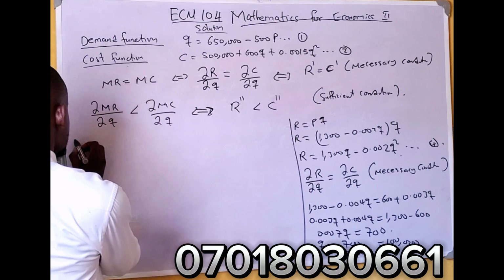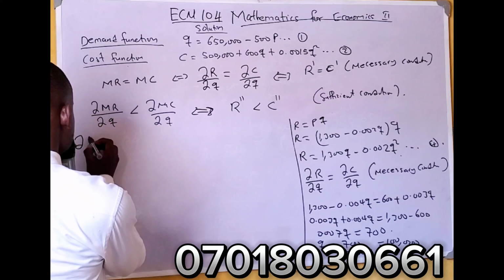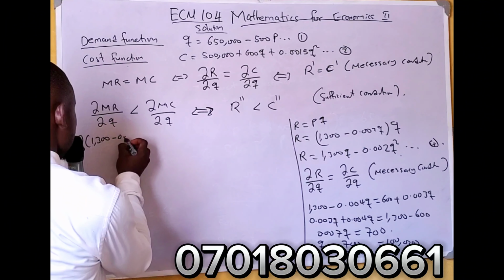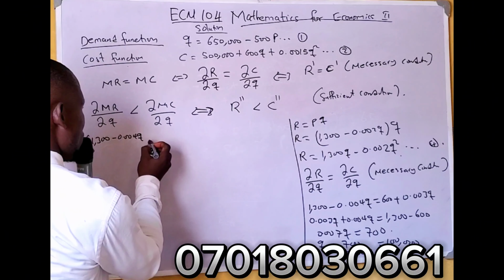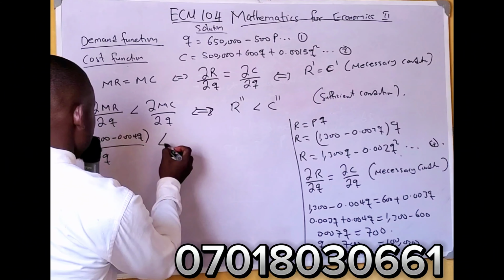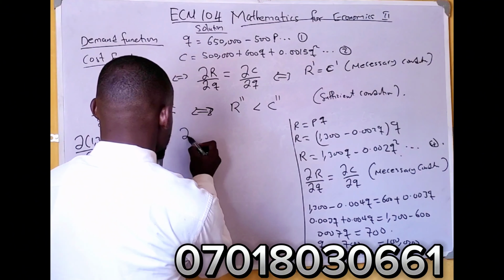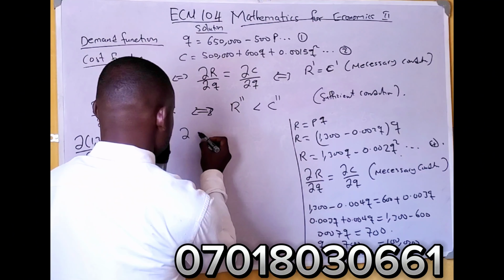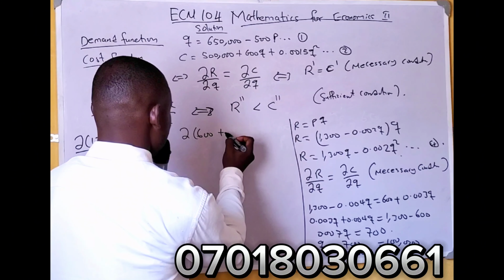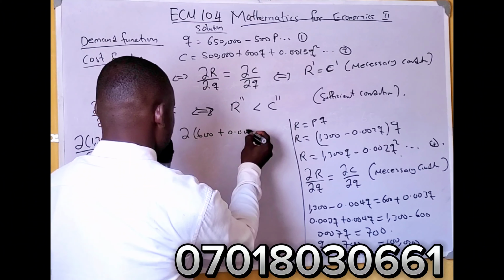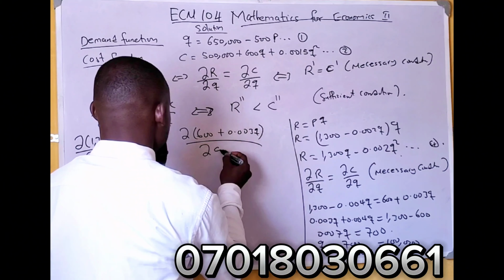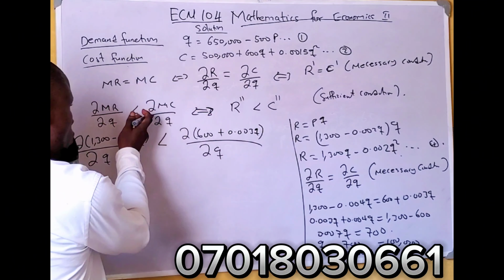That is, we find the derivative of 1300 minus 0.004q with respect to q, less than the derivative of our marginal cost, which is 600 plus 0.003q with respect to q. Okay, this is what we are dealing with.